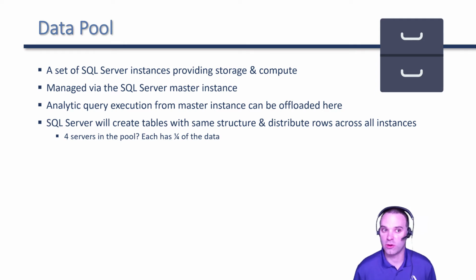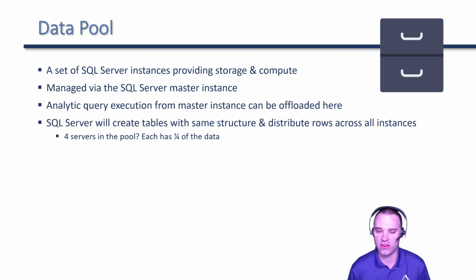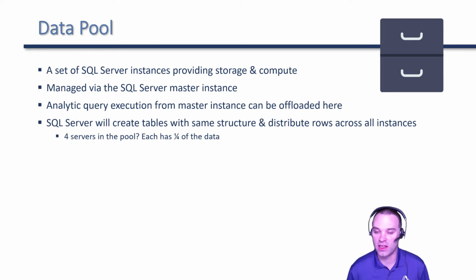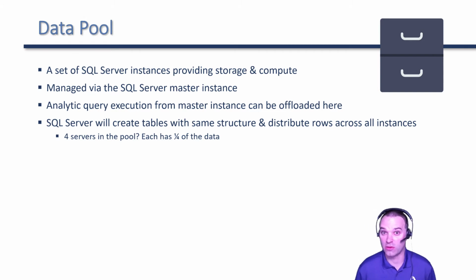When you issue a query against the data pool, the work of that query is then spread out and distributed across all those instances in the data pool as well, and then returned to you like a regular query through the master instance. Data in the data pool is similar to external tables. It is read-only, but this is a great place to use data for staging or caching and basing analytics-based queries off of there.